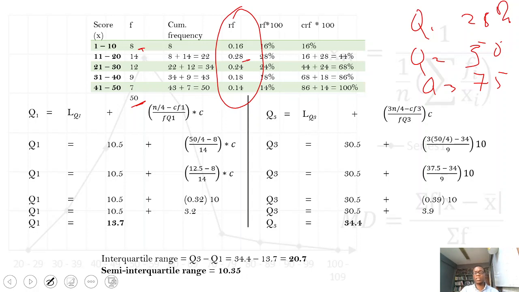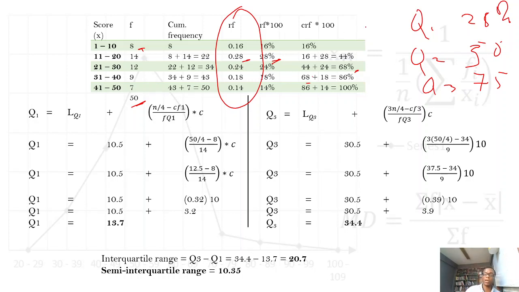And once that is done, then we can now compute the cumulative relative frequency. Here we have 16 as the relative frequency, 16% for the first class. Now, to know the cumulative relative frequency, we will add this 16 to 28, and that gives us 44 here. Here it is 68, because we will add that 44 to 24, and then add also 68 here to this 18 to get 86.